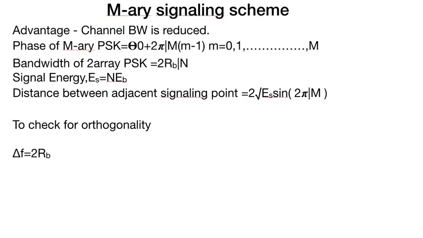M-ary signaling scheme. For M-ary the channel bandwidth is reduced, which is 2Rb by N. The bit error is reduced by N. The signal energy is N into EB.